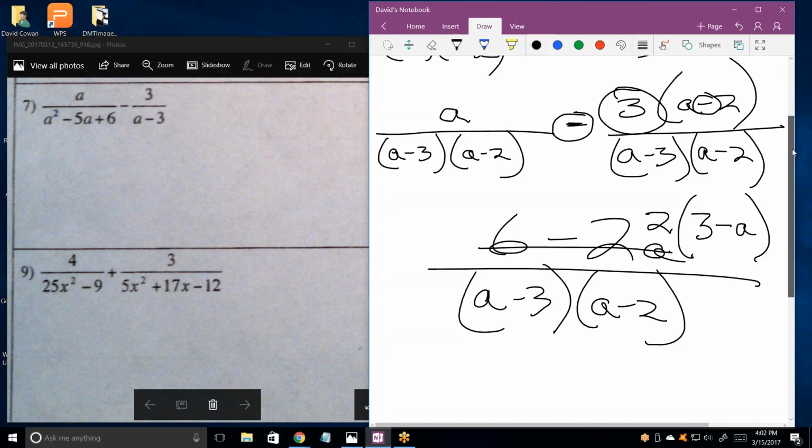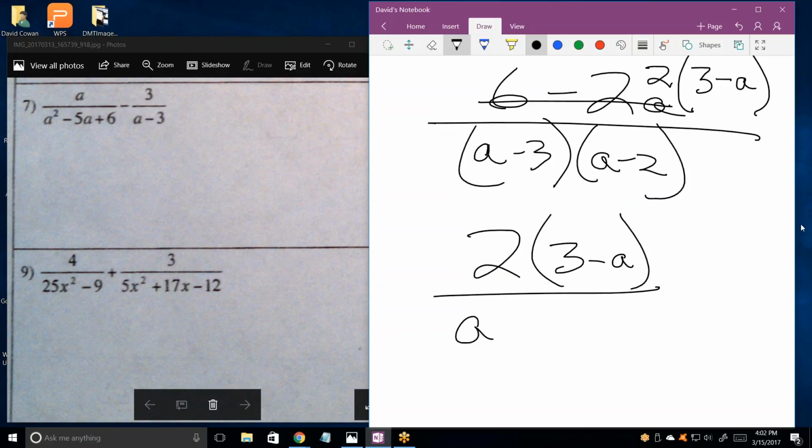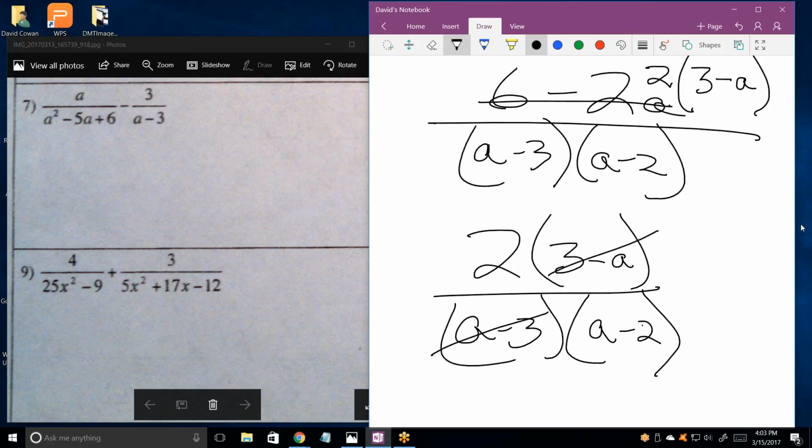The only reason that's a good thing is that the a minus 3 cancels with the 3 minus a as long as I change the sign. If it's the reverse, then that cancels with that, and I put a minus sign there.